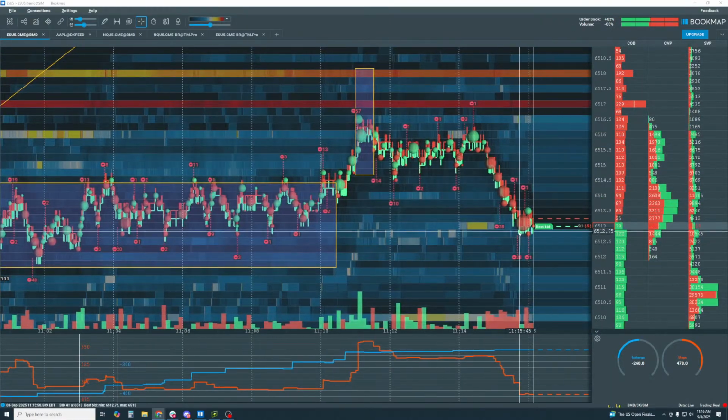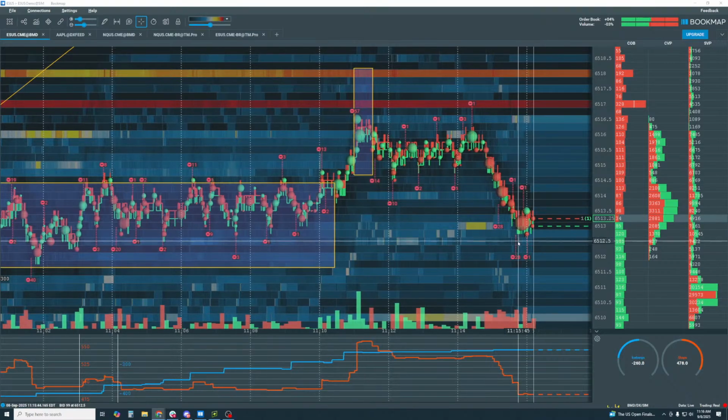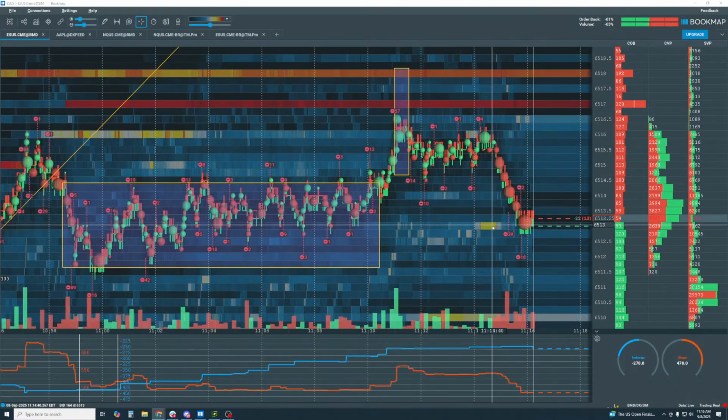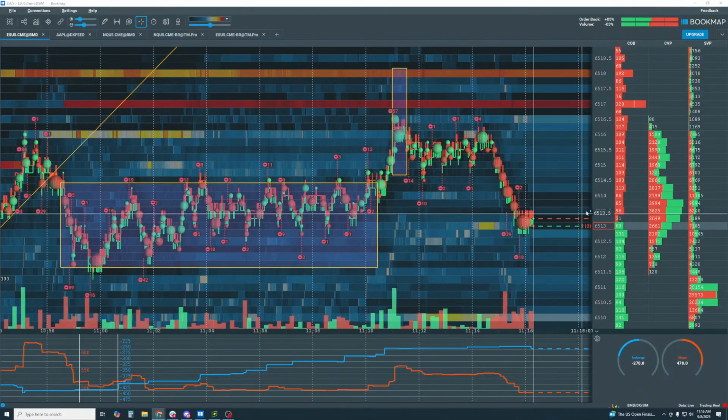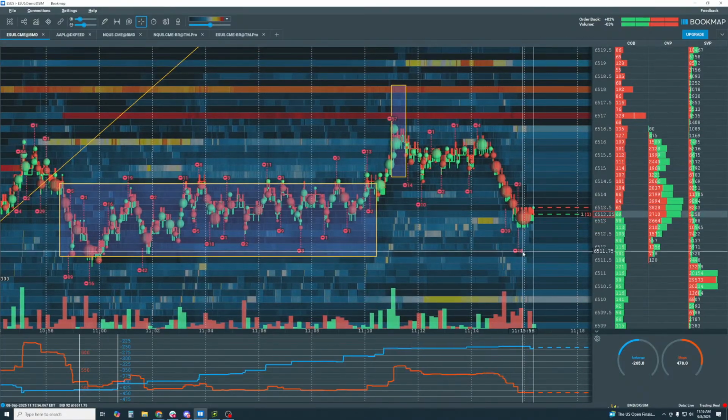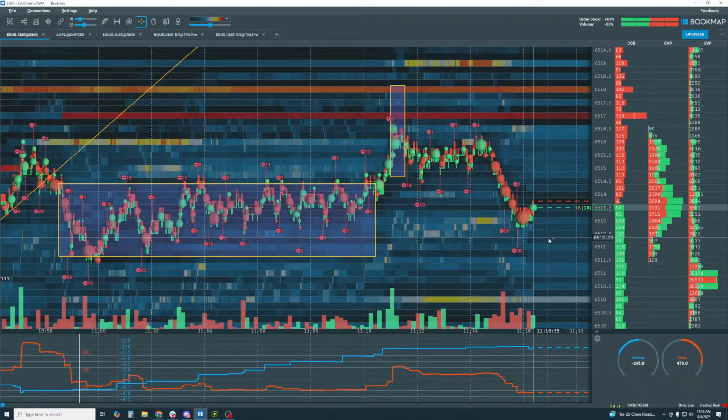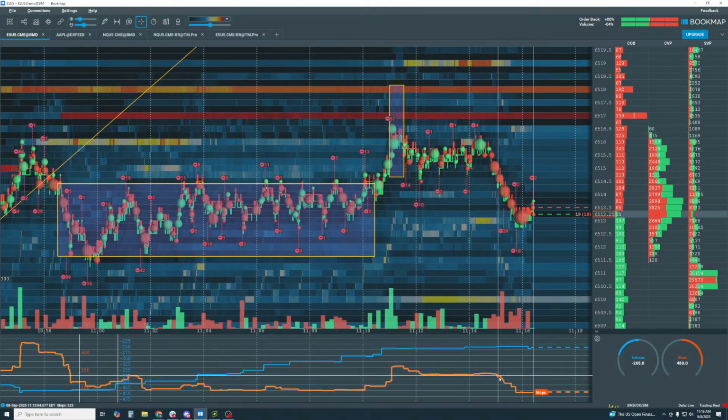Now I don't see a lot of liquidity getting filled in here on the bid. So let's see if there's some more selling pressure, then we should see this move lower. Now we did have a lot of stops here.